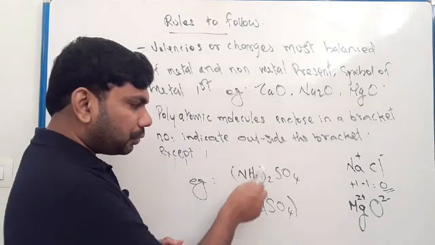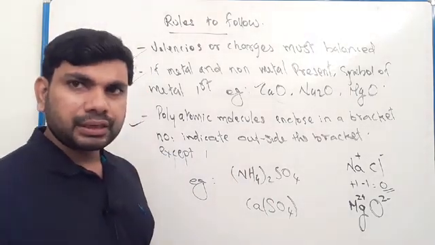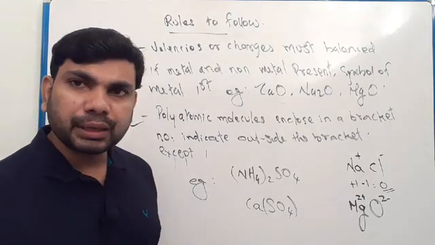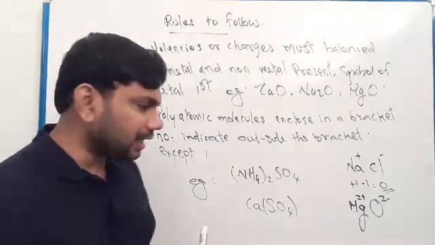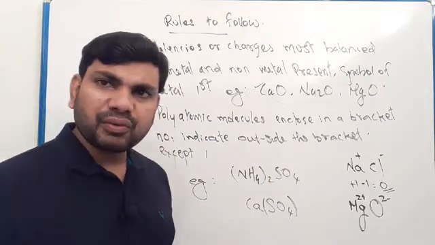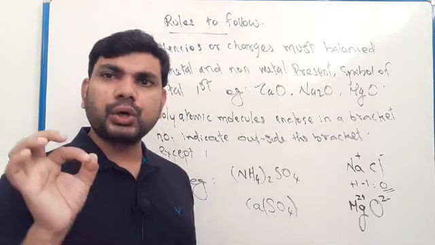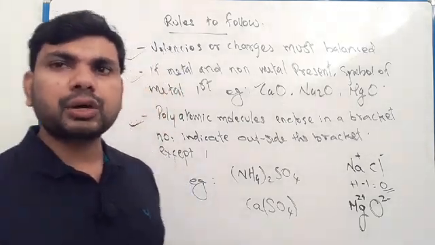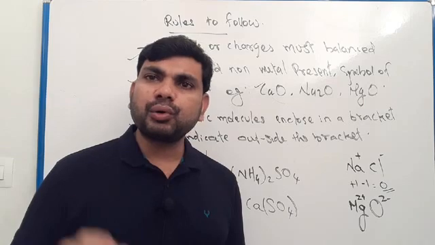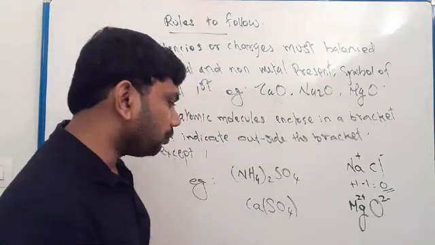Ammonium twice, so 2 ammonium there. In case the number of polyatomic molecules is 1, imagine your compound contains a polyatomic molecule and the number is 1, no need to write the 1 here.